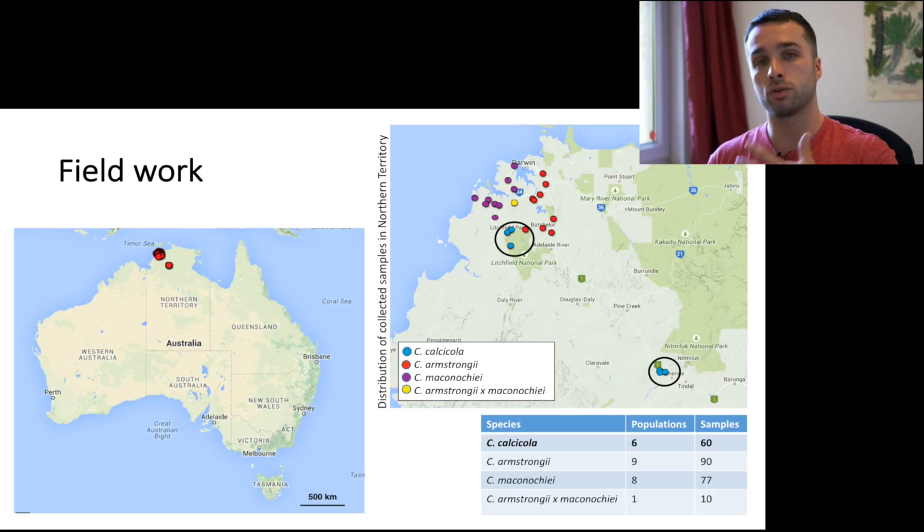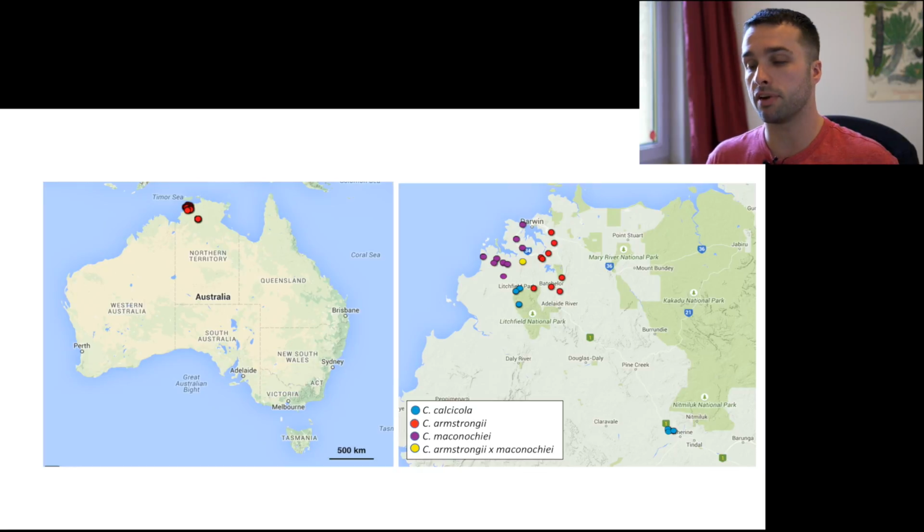We also captured Cycas armstrongii, Cycas maconochiei, and a hybrid between armstrongii and maconochiei. Here we have the same figures again, and you can see in better detail the typical populations in the Litchfield National Park region and the Katherine region, and there's a big disjunction between them.